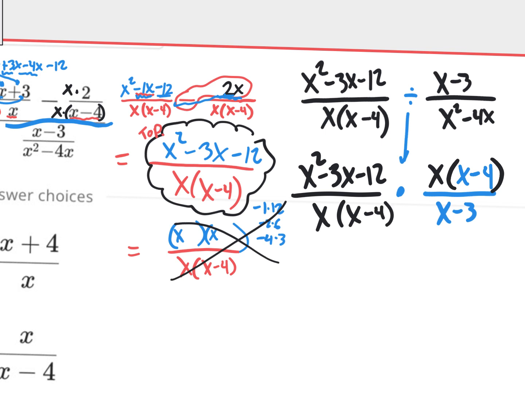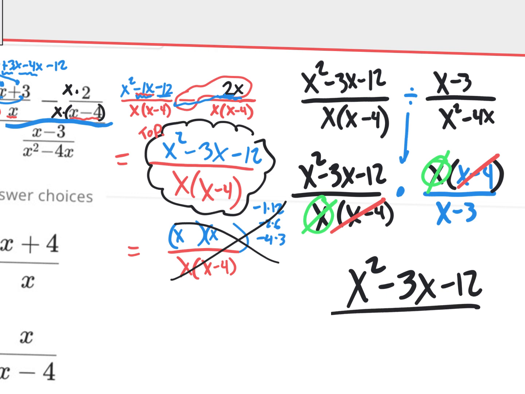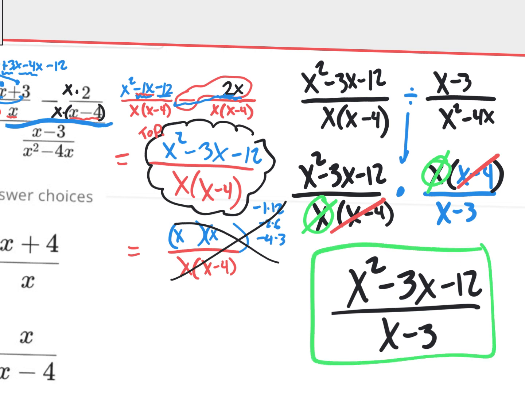Then we could cancel out whatever we can. There's an x minus 4 and an x minus 4. There's also this x down here with that x up there. And that should be our answer, x squared minus 3x minus 12 over x minus 3. You're supposed to try and factor this, but it's not factorable. So this would be our answer.